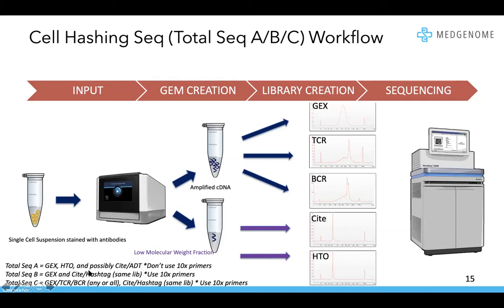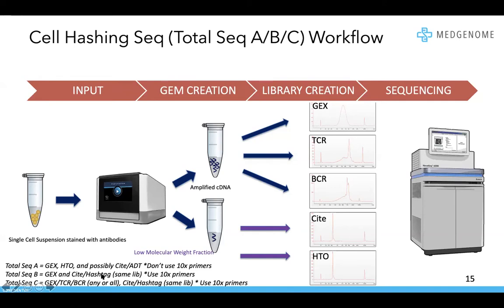I just put a list of the different types of libraries that can possibly be made with each of the three workflows. With TotalSeq A, you can have a gene expression, hashtag, and possibly a CITE library as well, or sometimes it could just be gene expression and CITE, or gene expression and hashtag. With TotalSeq B, you'll have your gene expression library and your CITE library.